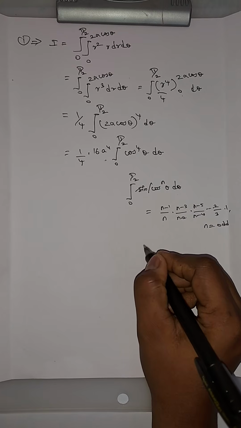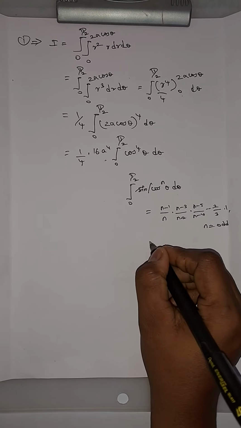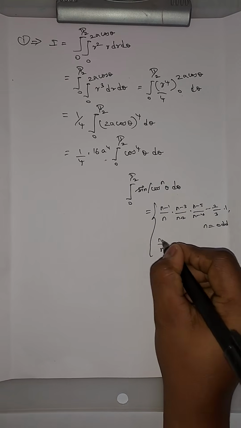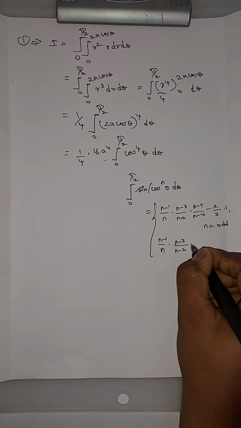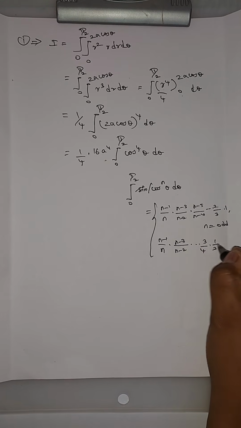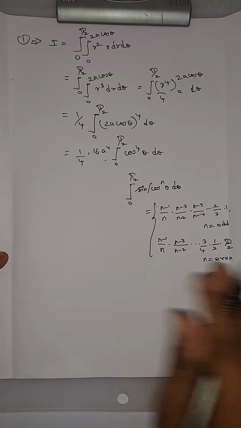In the case of n even, it becomes n minus 1 by n, n minus 3 by n minus 2, and so on, up to 4, 3, 2, 1, multiplied by pi by 2.